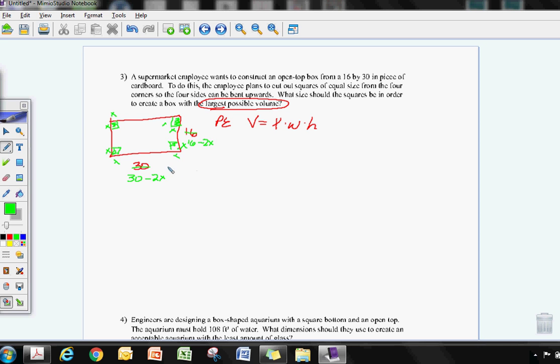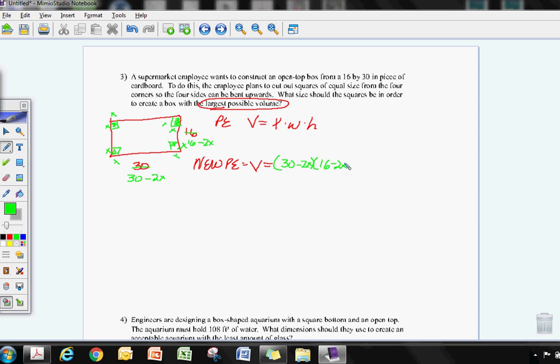So for my new primary equation, I'm still going to get volume equals, but my new length comes from my green part of my picture, so that is going to be 30 minus 2x, and my width is going to be 16 minus 2x.